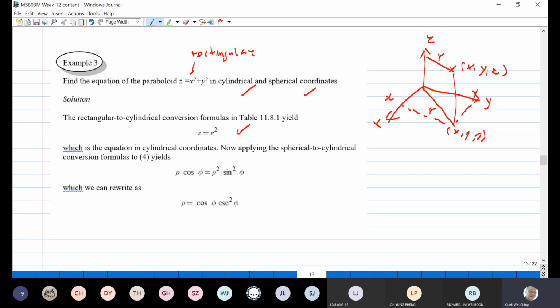How about into spherical coordinates? x squared plus y squared is equal to, okay, what do you do now? Remember the spherical coordinate.